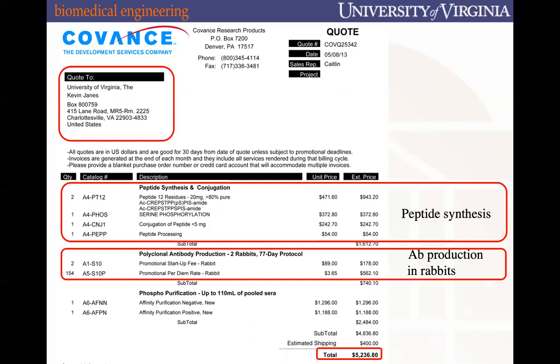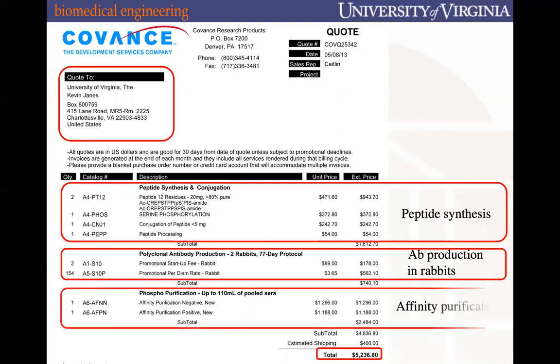But the really hard part is the antibody purification part, to get a sense of which antibody has the highest affinity for a specific peptide. And so the company raised what I refer to as hybridomas. In these rabbits, the B cells, the antibody-producing cells in our body, are harvested.